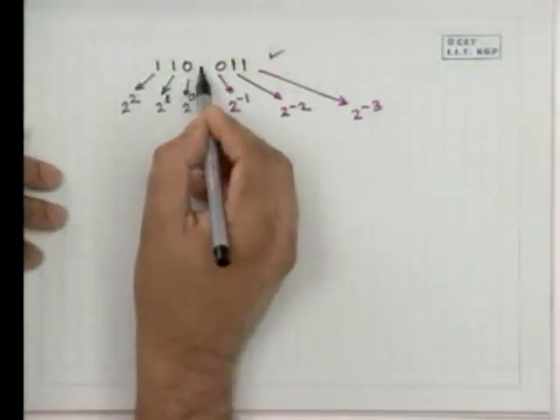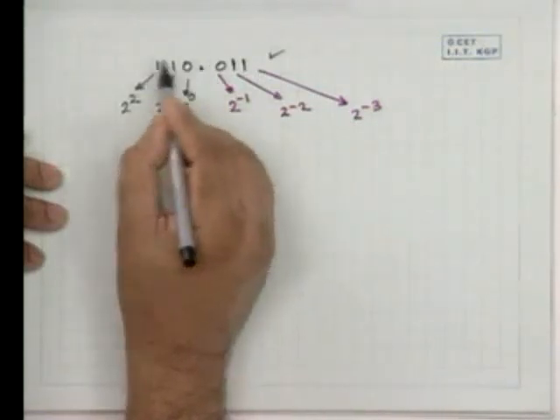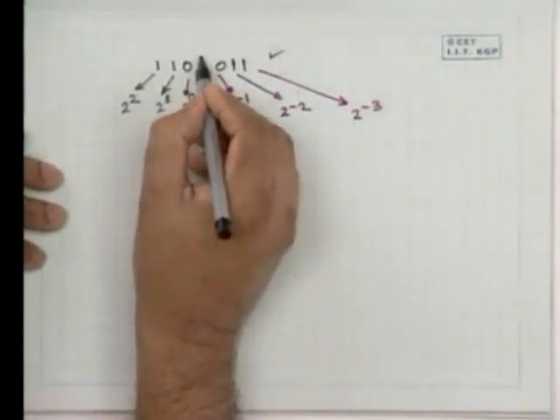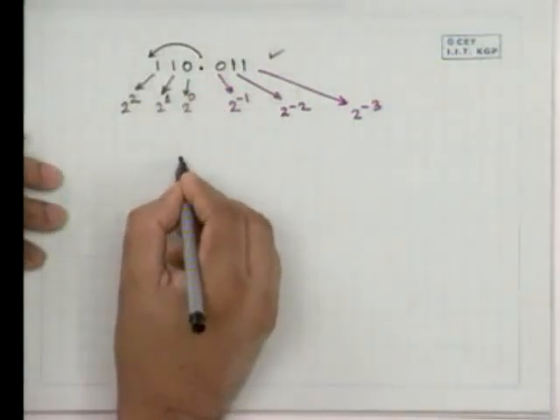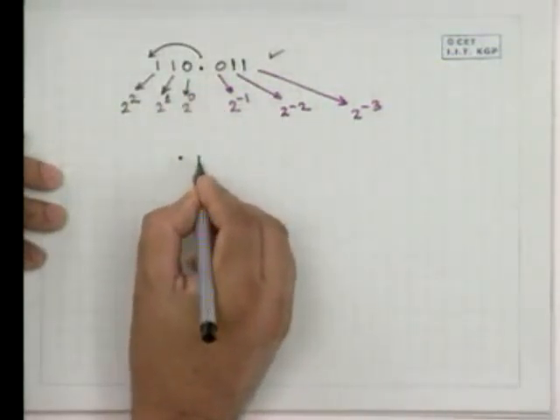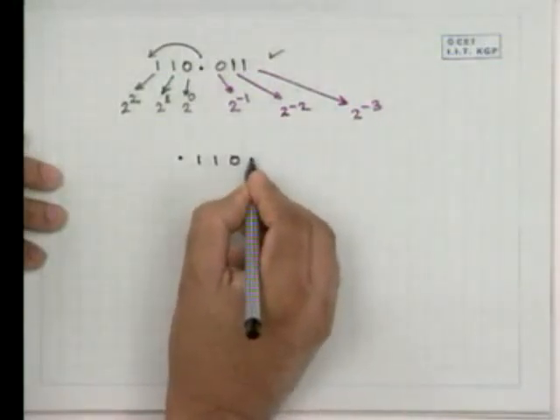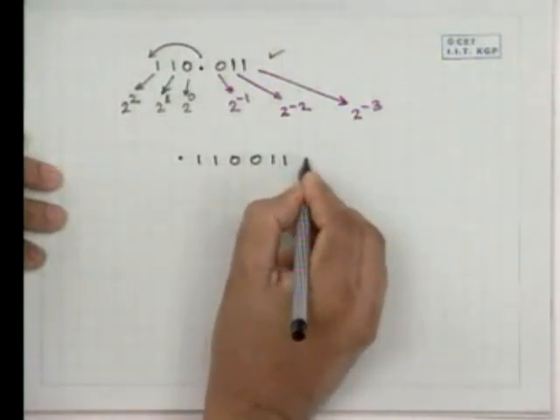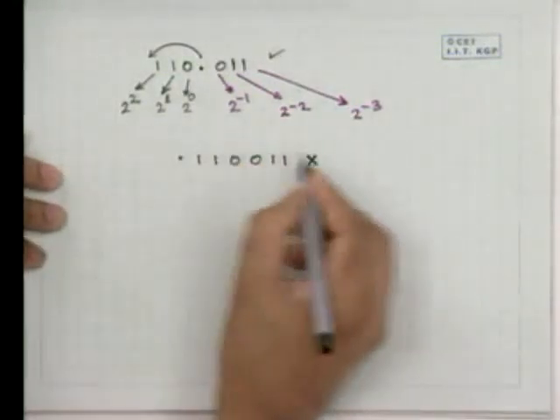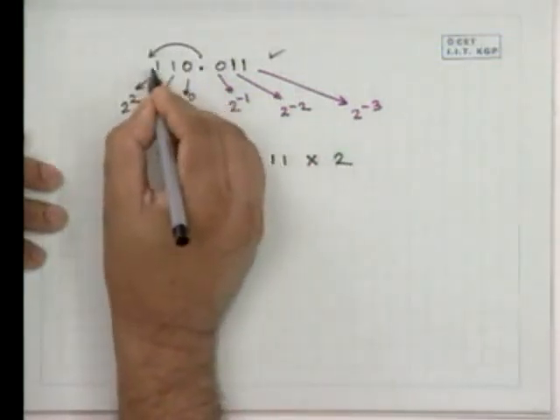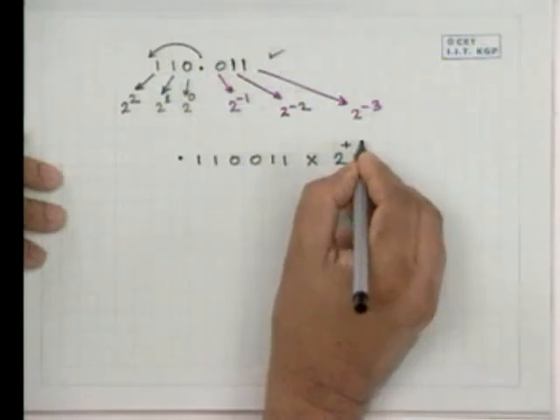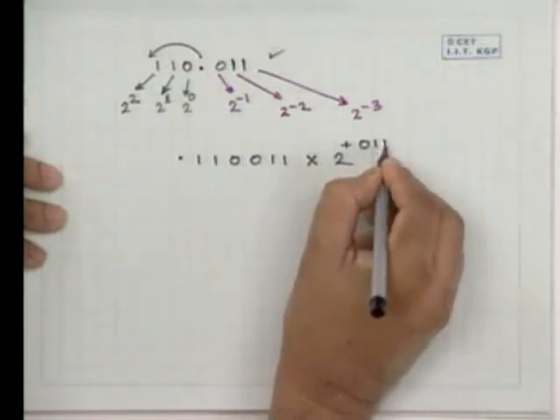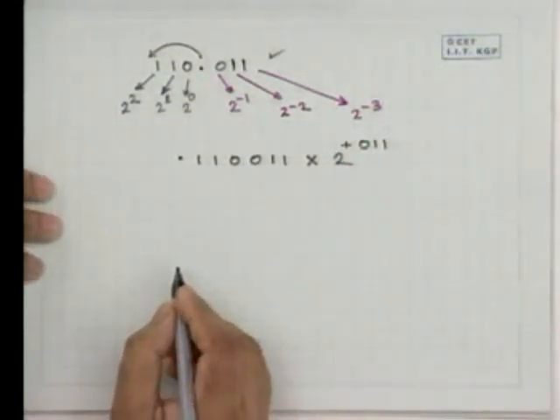Now, if we want to represent it in a normalized form, then this binary point should be shifted over to here, and we have a representation of .110011, multiplied by 2 to the power, since we have shifted to the left, plus 3, and this 3 will be represented as 011.